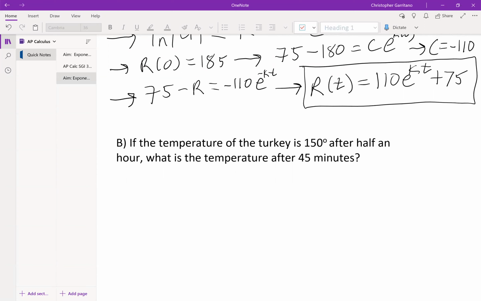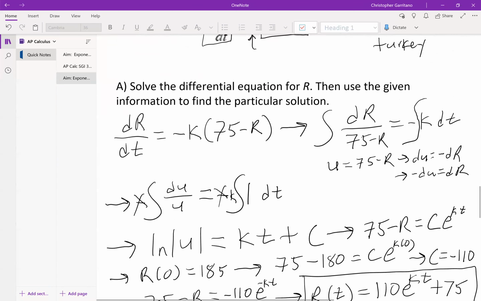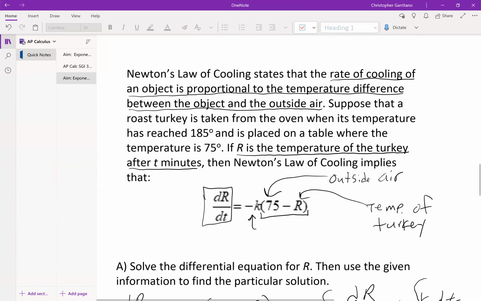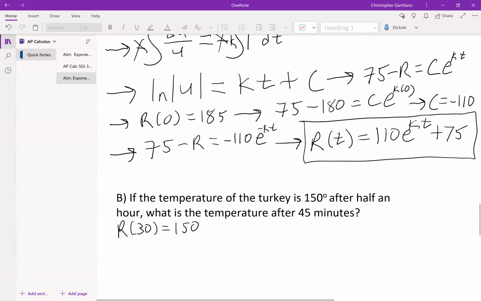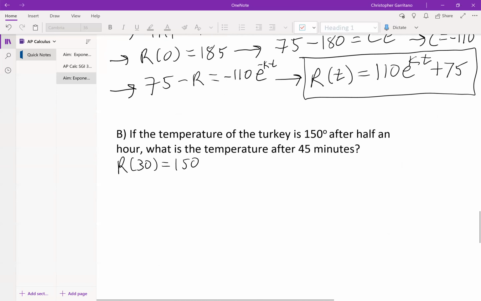We are given that r of 30 is equal to 150. Now it's r of 30 because if we go back here, the units of time that we're using are in minutes. Right over here, it says after t minutes. So if we're talking half an hour, that of course is 30 minutes. So r of 30 is 150.